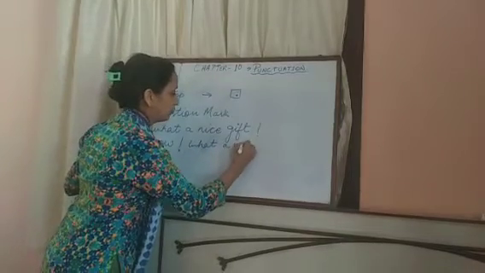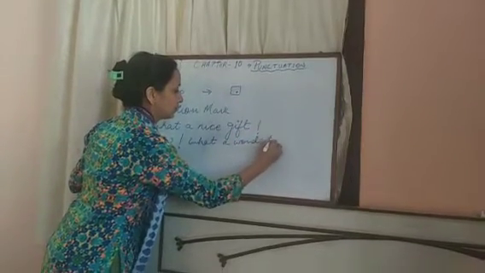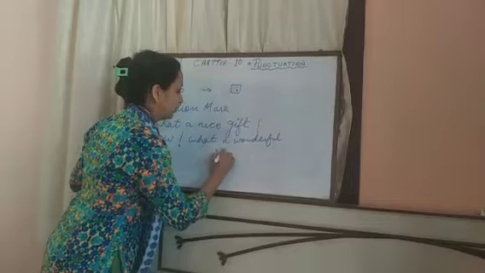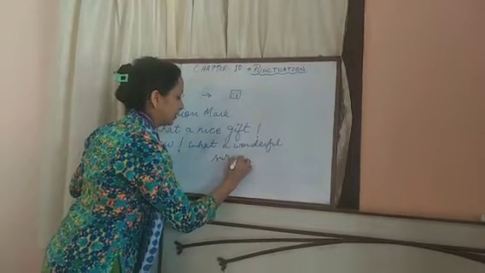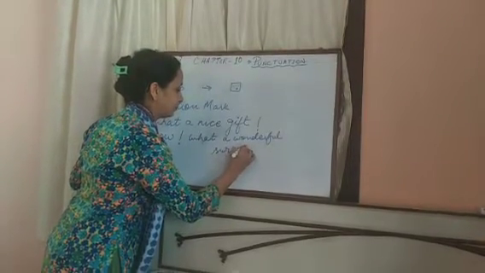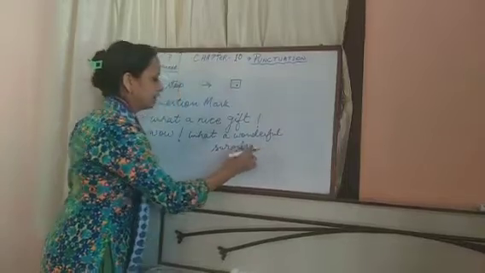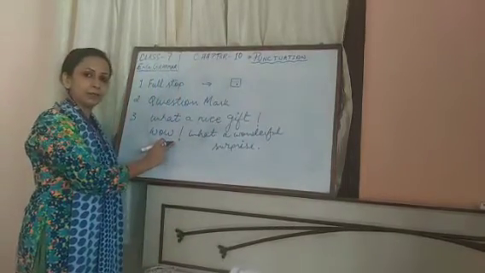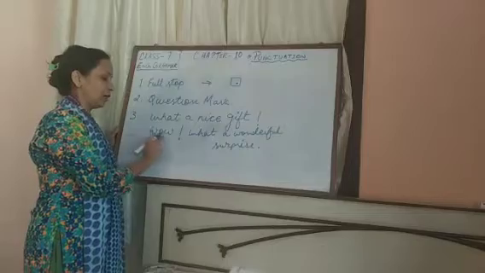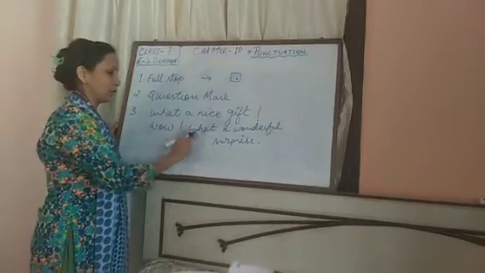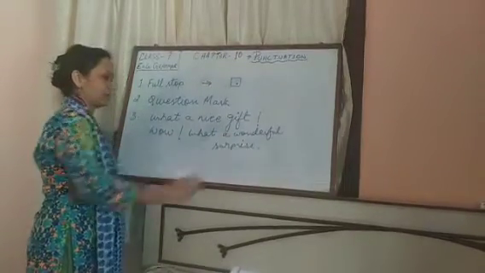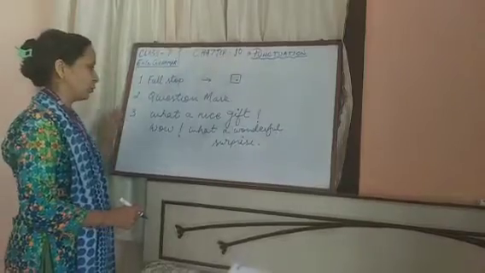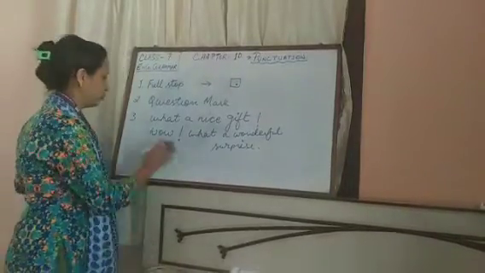Wow! What a wonderful surprise. Here at the end we give a full stop, because only one exclamation mark is given in a sentence. After the interjection it is given. Wow! What a wonderful surprise. Full stop is given here. So that is the rule and the use of exclamation mark.